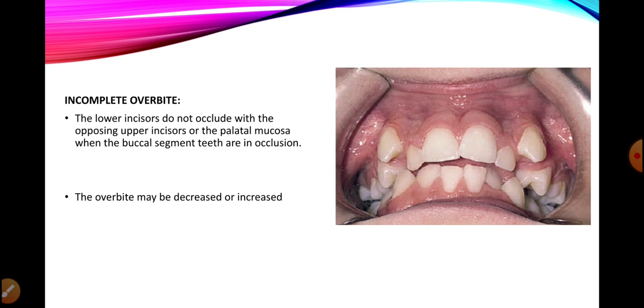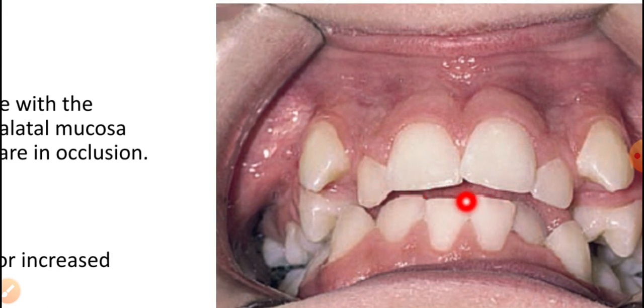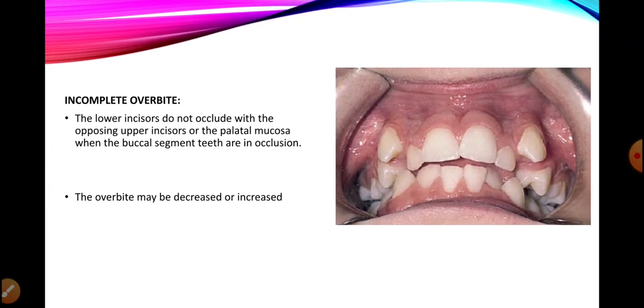But if, as we can see here in this picture, there is no contact of the lower incisors either with the opposing dentition or with the soft tissue, then in those circumstances we call it an incomplete overbite, and it also comes under the category of open bite.